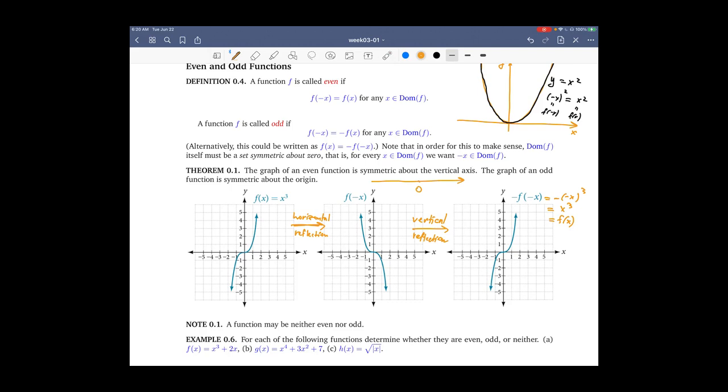So if these are the x's in the domain, we must have an interval like that to the left of 0. Symmetry about 0.